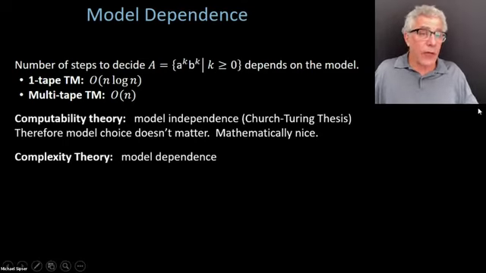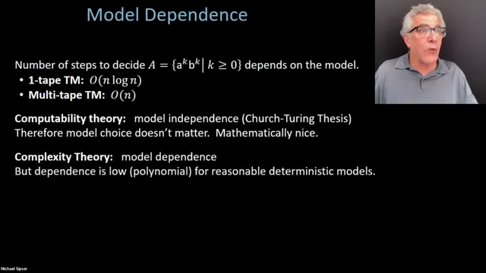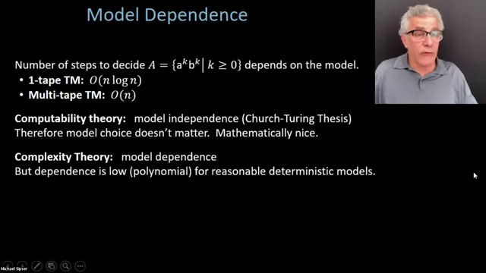But we're going to bring back something close enough to model independence by observing that even though we don't have model independence as we did in computability theory, we can limit how much dependence there is. The amount of dependence is going to be low, as we will see, provided you stick with a reasonable class of deterministic models.